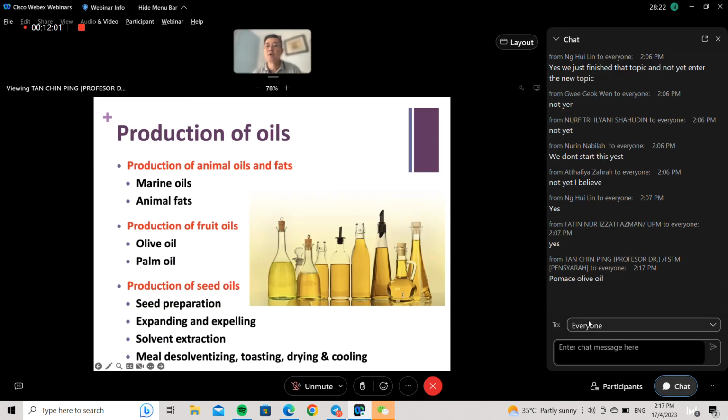So pomace oil is also a very unique type of oil. Because the volume is not big, industry may want to mix it with virgin olive oil to increase the volume, but they can no longer pack the oil and label it as virgin olive oil because it has gone through heat processing during the refining process.